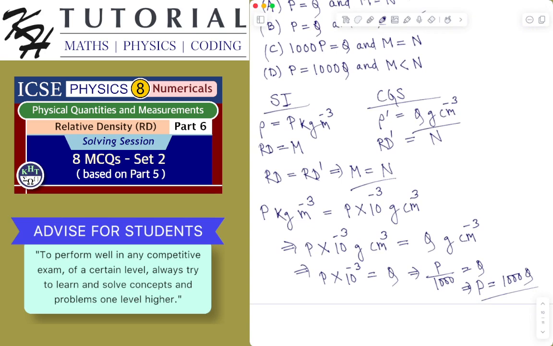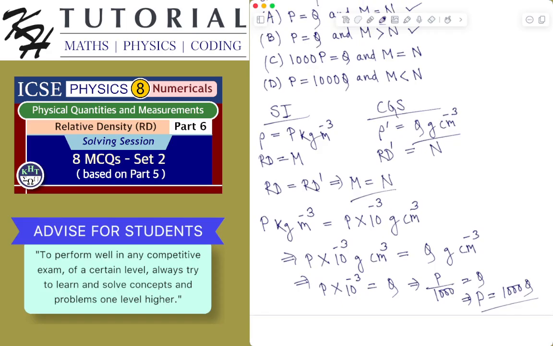So P into 10 to the power minus 3 is equal to Q, which means P is equal to 1000 Q. So definitely choice C is also an incorrect statement. So this needs to be selected.